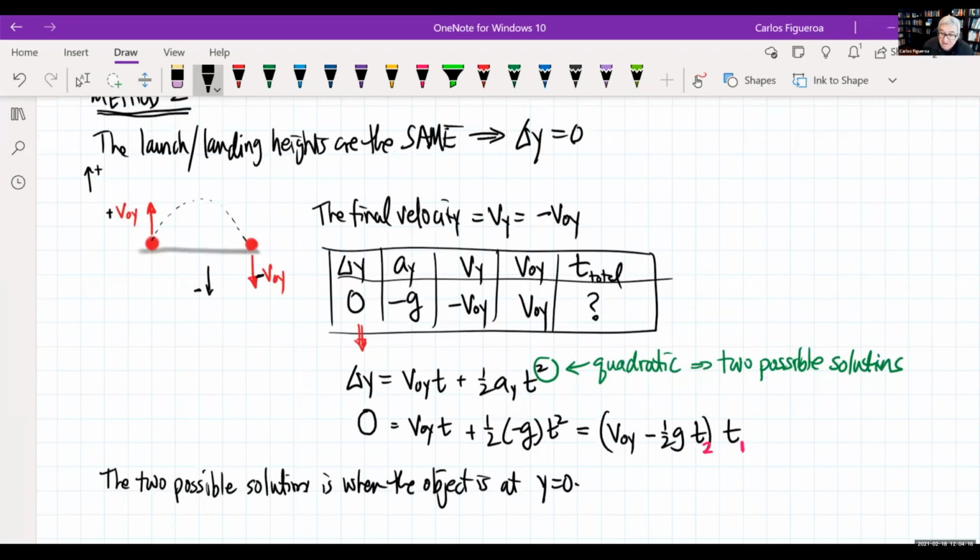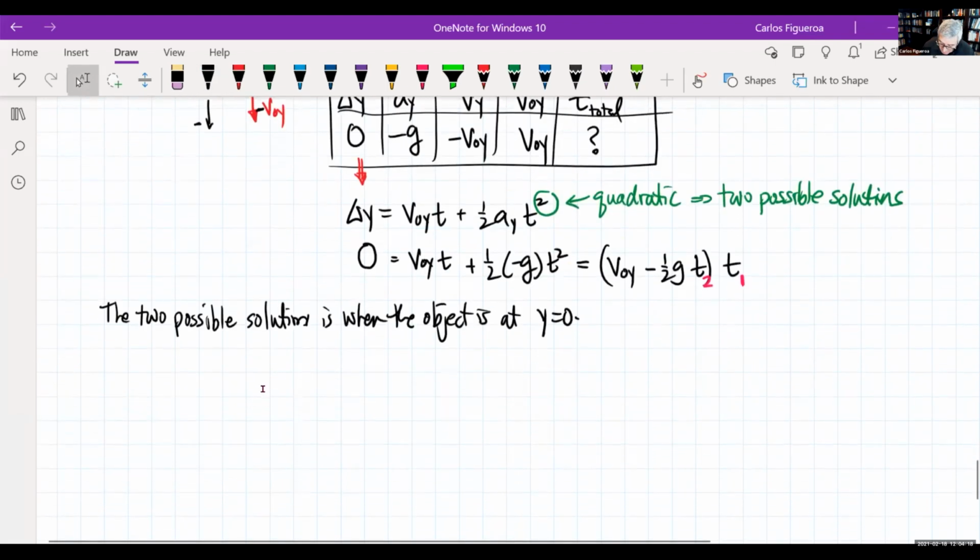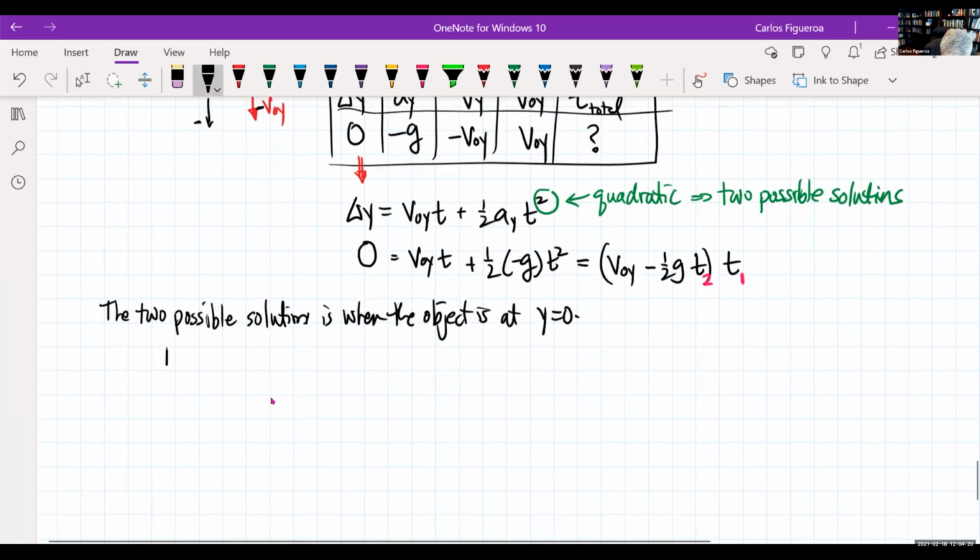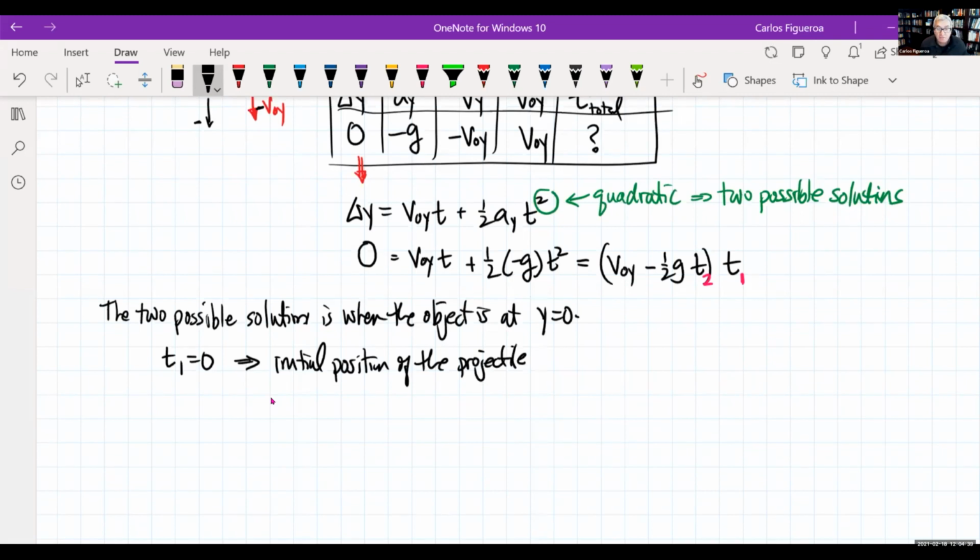So you could see here that if I look at this thing here, one solution to this equation is t equal to 0. But at t equal to 0, that means this is at the initial position of the projectile. So of course at t equal to 0, it's at 0. It's got to start someplace.